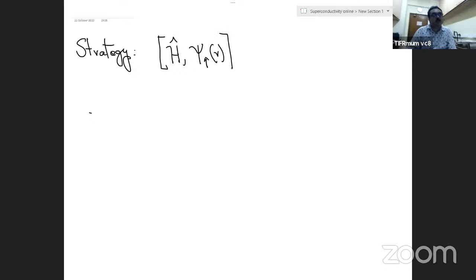The strategy is the following: I will evaluate this commutator, but I will evaluate it in two ways.